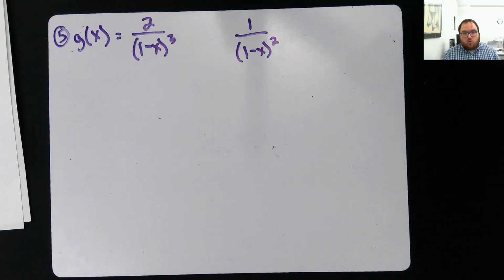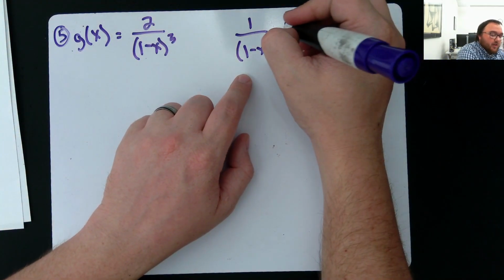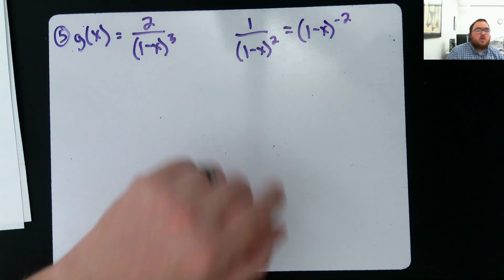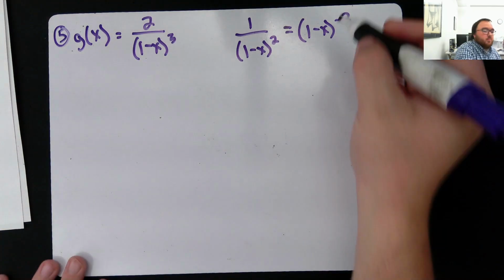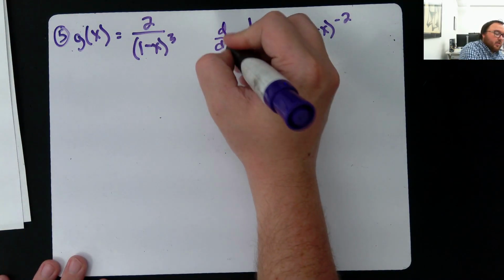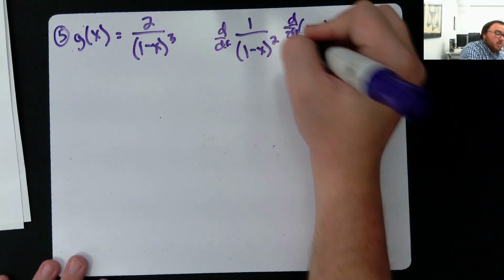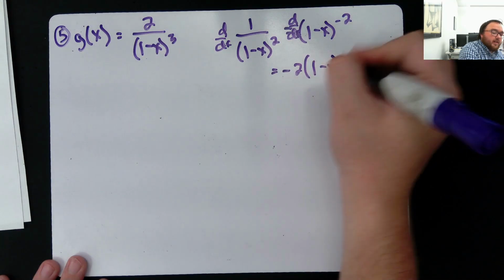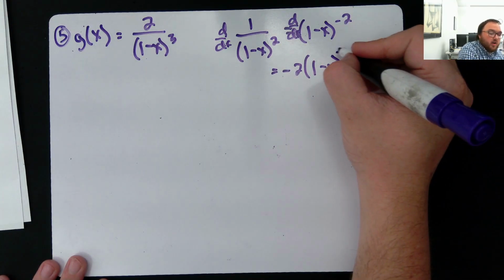Let's check that and make sure. Instead of doing the quotient rule, we could write it as (1 minus x) to the negative 2. Use the power rule: bring the negative 2 down, decrease my power by 1.